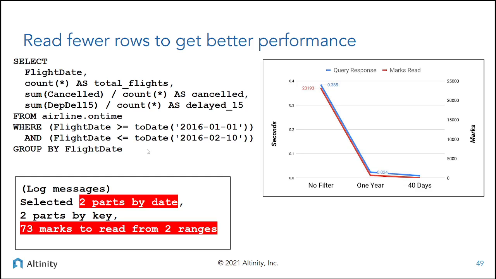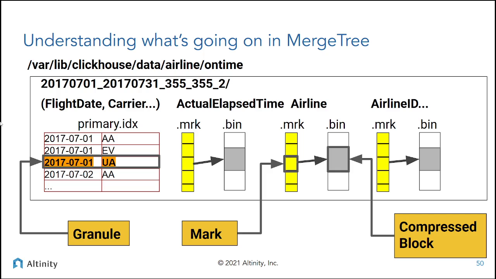It's useful at this point to understand a little bit more about what's going on inside MergeTree. This is the final bit of plumbing that's helpful to understand. I mentioned that ClickHouse tables have this sparse index. It's a file called primary.idx. The reason that it's sparse is that it just has an entry for every 8,192 rows by default.